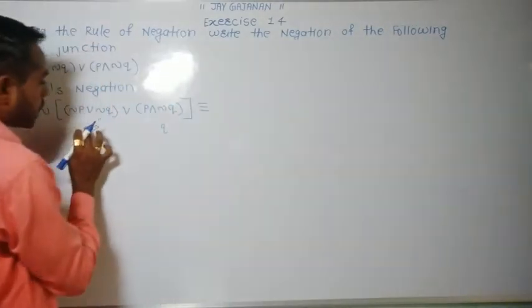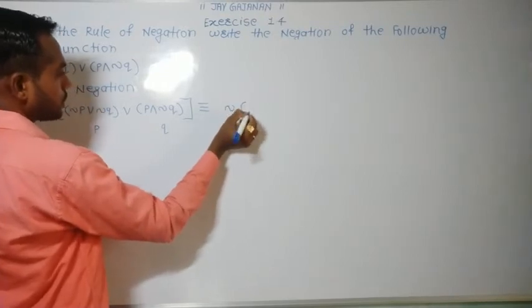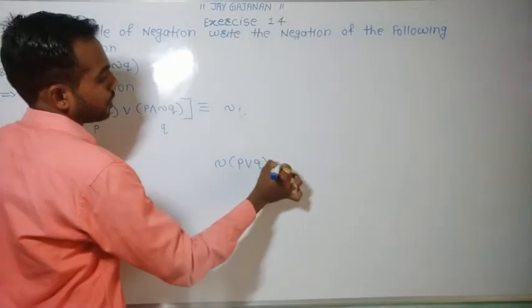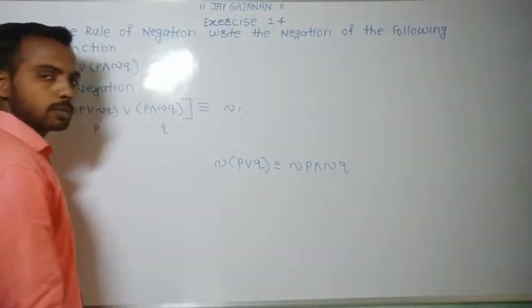Negation of P or Q is equal to negation of P and negation of Q by De Morgan's law.